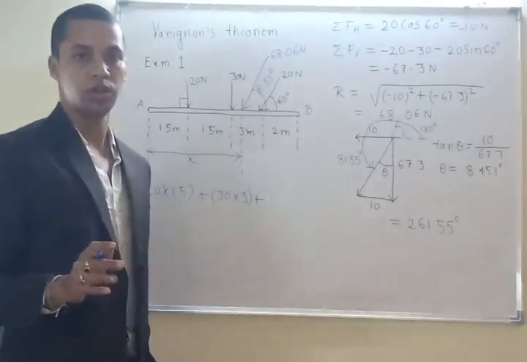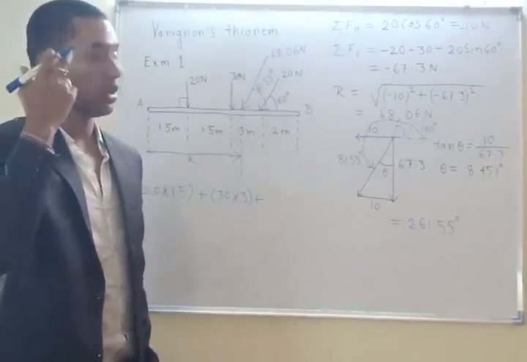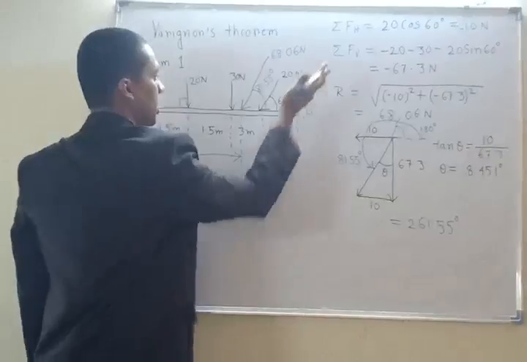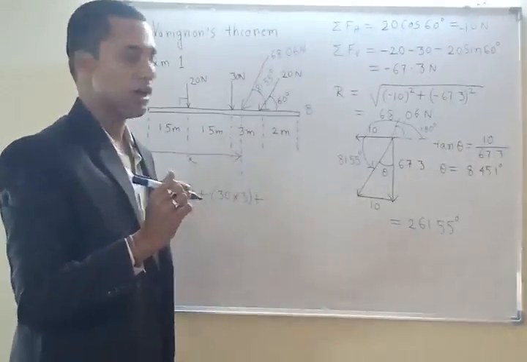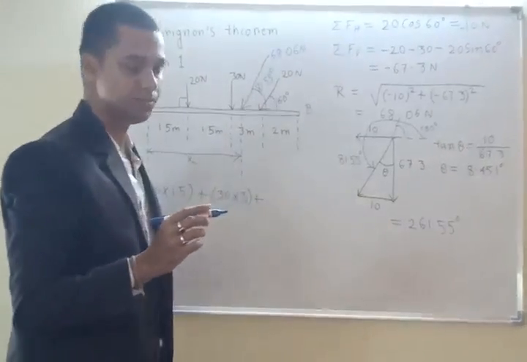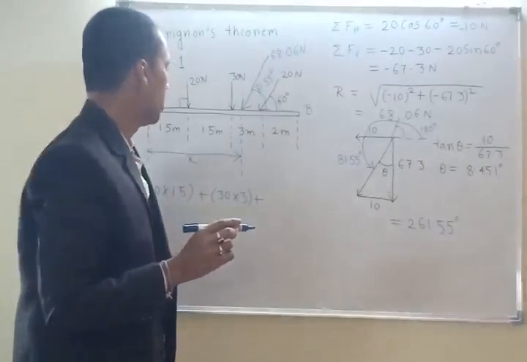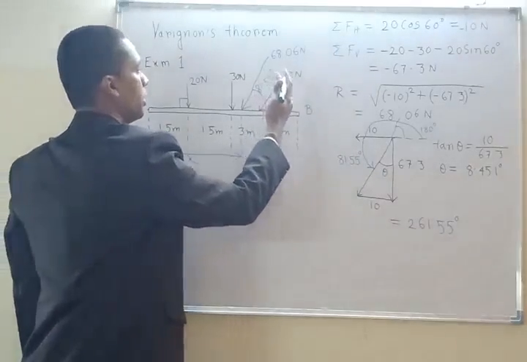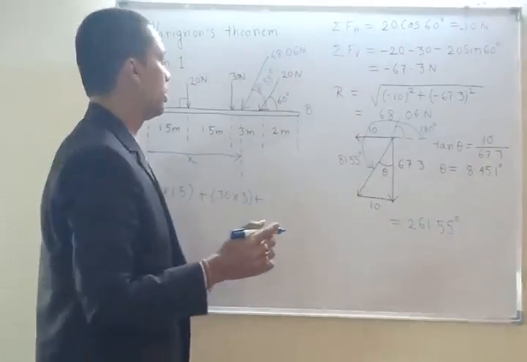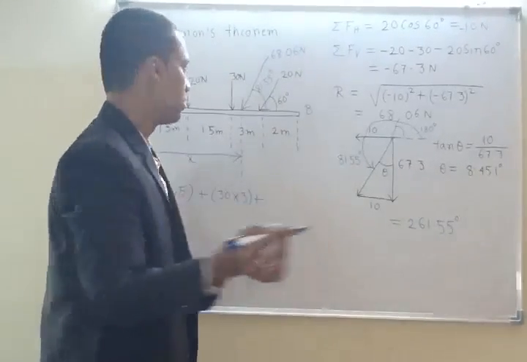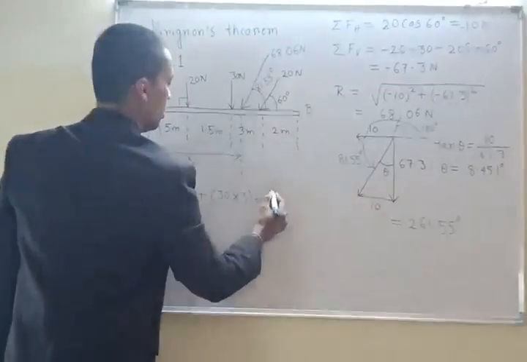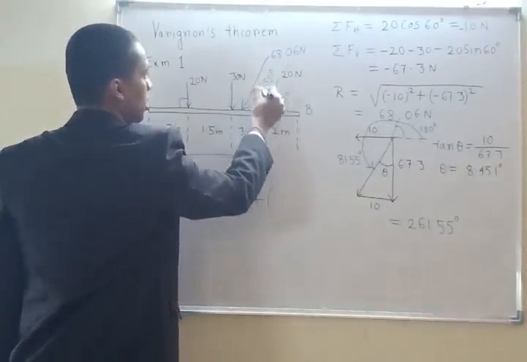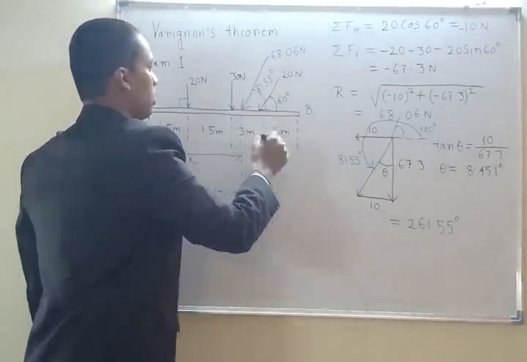I cannot do it. Why? Because this is not the perpendicular distance, because the 20 is acting at an angle of 60 degree. So that is why we need to take the vertical component of the 20. The vertical component of the 20 is 20 sine 60 degree. So now I can take 20 sine 60 degree is acting perpendicularly to the surface.